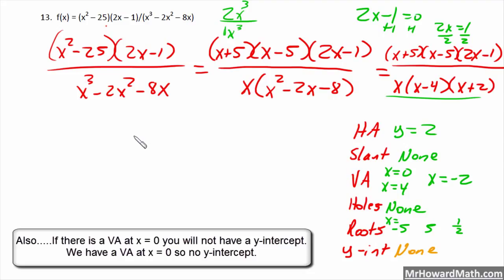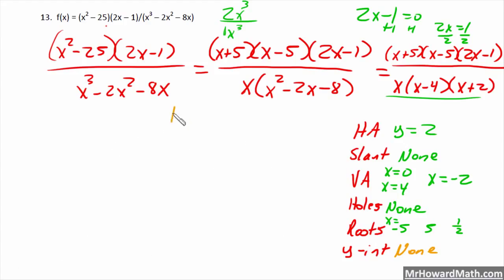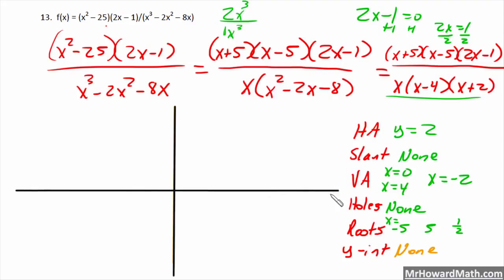Alright, so let's start our sketch here, and we're likely going to need some test points on this graph. This graph is going to be the most complicated so far. So we'll start and do the extra work as needed. So we have y equals 2 as the horizontal asymptote here. We have verticals at x equals 0, so the y-axis here.